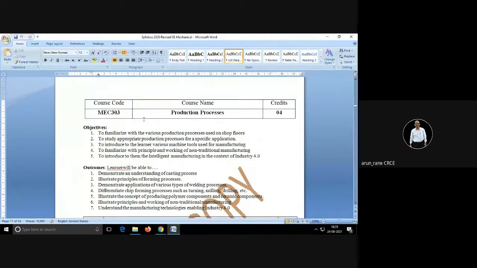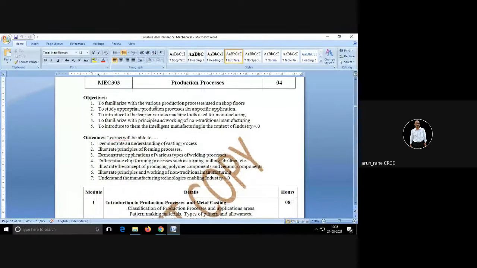So the subject name is production processes. There are 4 credits. This is a credit based system. So let us understand what the objectives are. The objectives are to familiarize with the various production processes. So what are the different production processes?